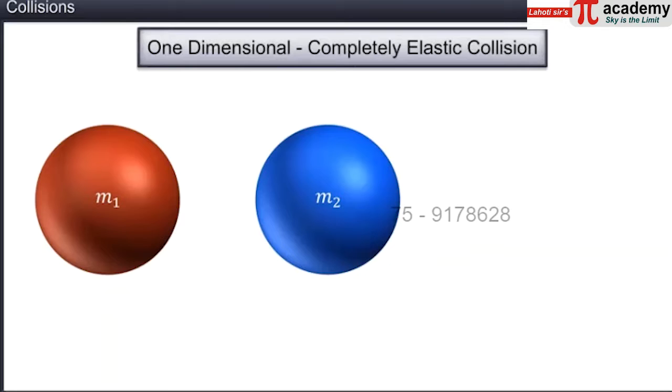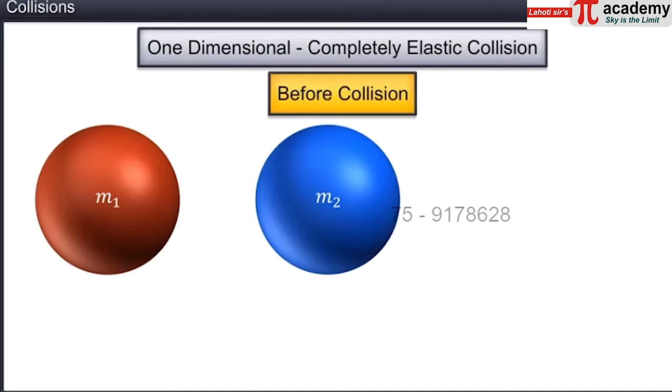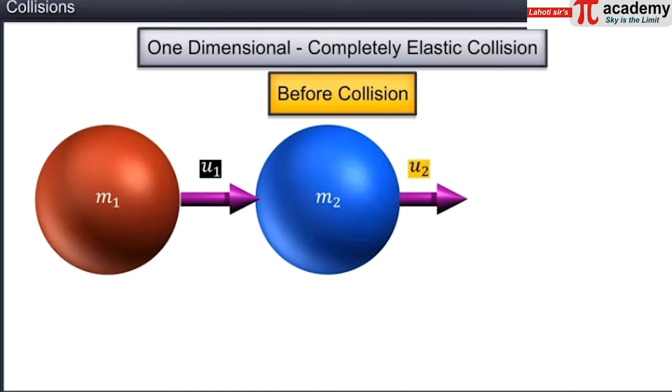Consider a head-on collision. That is, one in which the velocities of the bodies before and after the collision are along the same straight line. The mass of the first body is m1 and is moving towards the right with velocity u1. The mass of the second body is m2 and is also moving towards the right with velocity u2, such that the two bodies are moving along the same straight line.